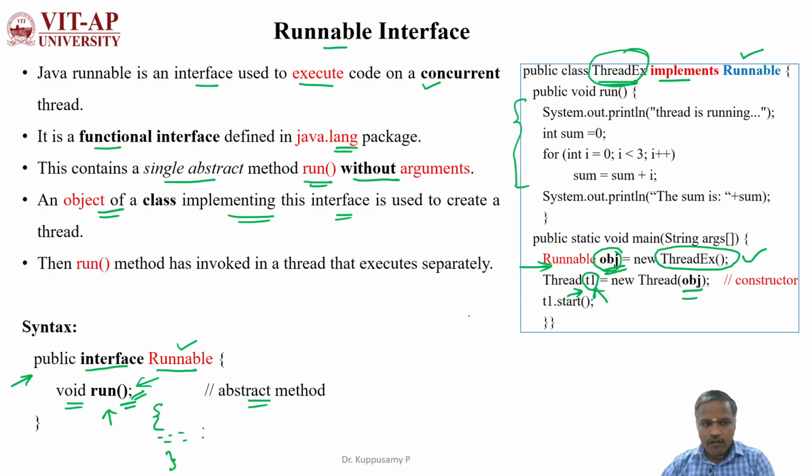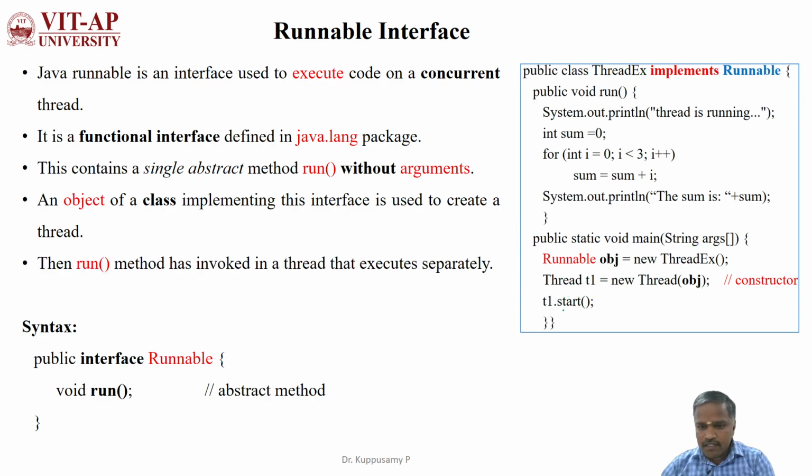So now I am going to invoke the start method here. Once I invoke the start method by using the thread t1, which has the capability to access obj, and obj is defined by ThreadEx, ThreadEx has the user defined run method. This user defined run method is implicitly invoked by the Java virtual machine once t1.start is executed.